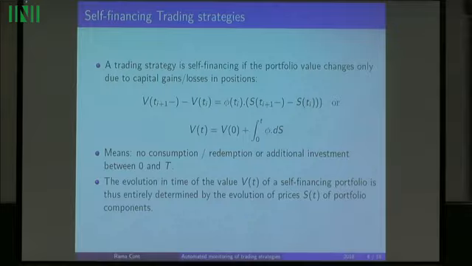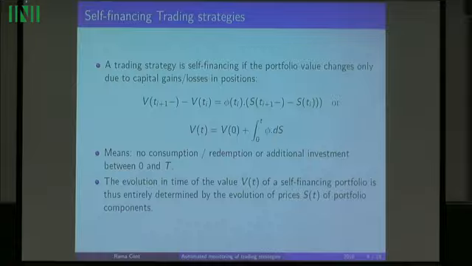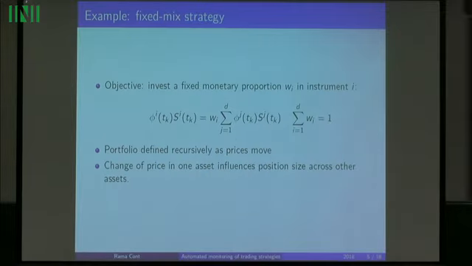So the variations of the portfolio are completely determined by the variations of prices of things in the portfolio. This makes the portfolio value a functional of the path of the prices of the things in the portfolio. And that's the starting point of this analysis. So for a self-financing portfolio, the only thing that makes the value of the portfolio go up and down are the variations of the components of the portfolio, which means the paths of the components that I call S1 to SD.